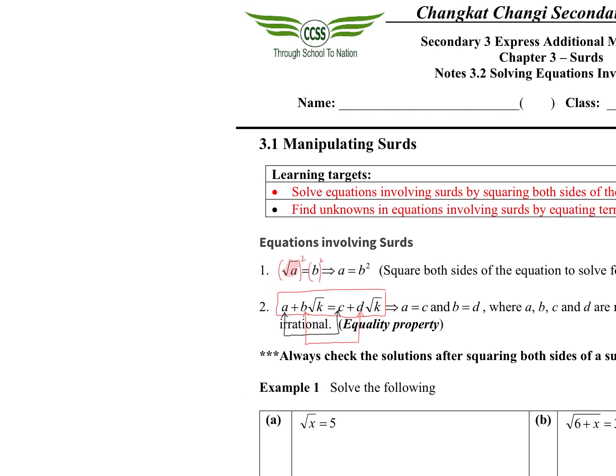So if I give you an expression, a plus b root 3 is 5 plus 3 root 3, then I can compare and tell you that a must be 5 and b must be 3. So this is by the equality property. So the whole 3.2 revolves around these two. And the whole 3.1 revolves around the 3 property I told you just now. That's all. What is this? A plus B plus C squared. Then you can simplify the numbers together.